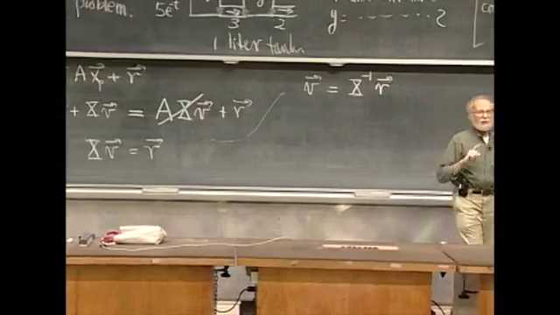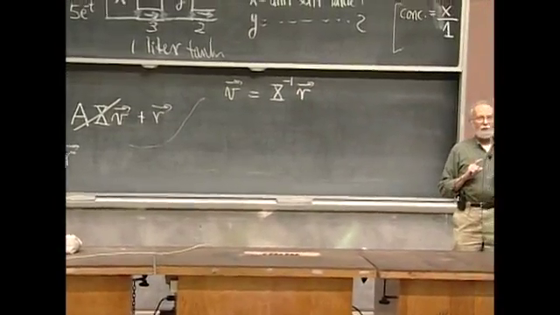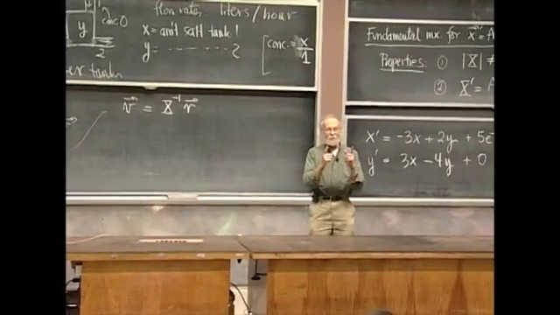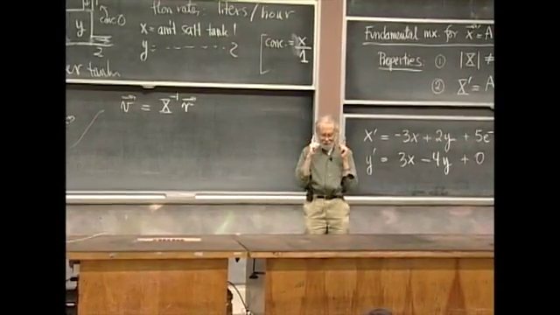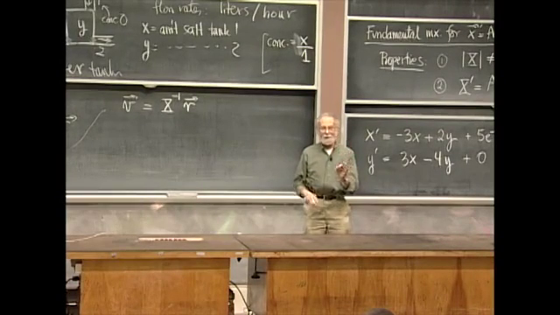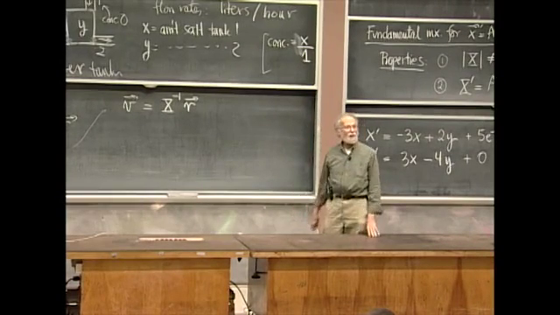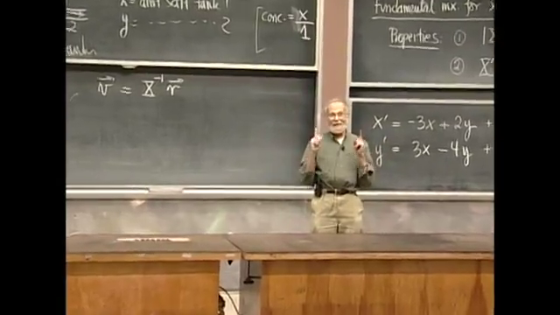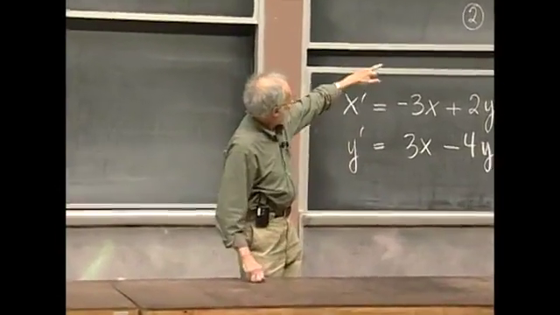Hey, how do I know that X inverse exists? Does X inverse exist? For a matrix inverse to exist, the matrix's determinant must be not 0. Why is the determinant of this not 0? Because its columns are independent solutions.